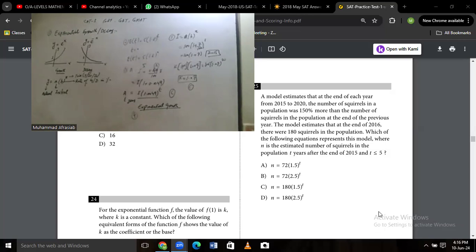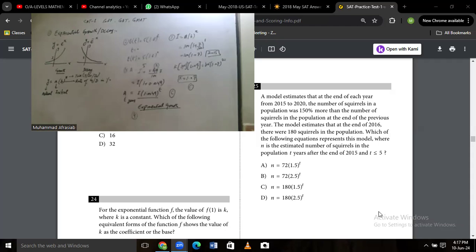The model estimates that at the end of 2016, there were 180 squirrels in the population. Which of the following must be the representation of this model, where n is the estimated number of squirrels in the population t years after the end of 2015, and t is less than or equal to 15?